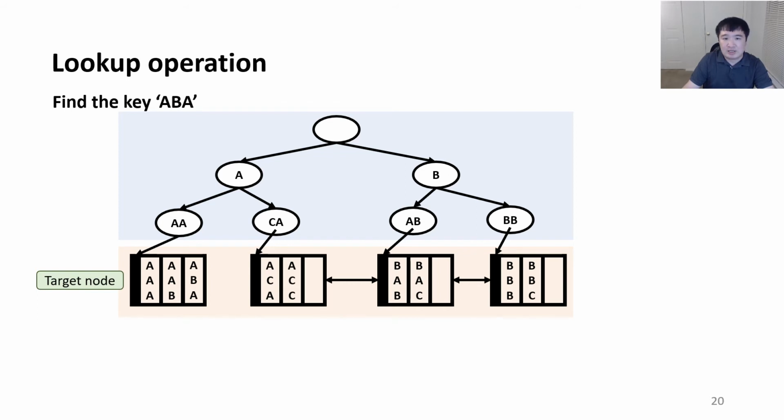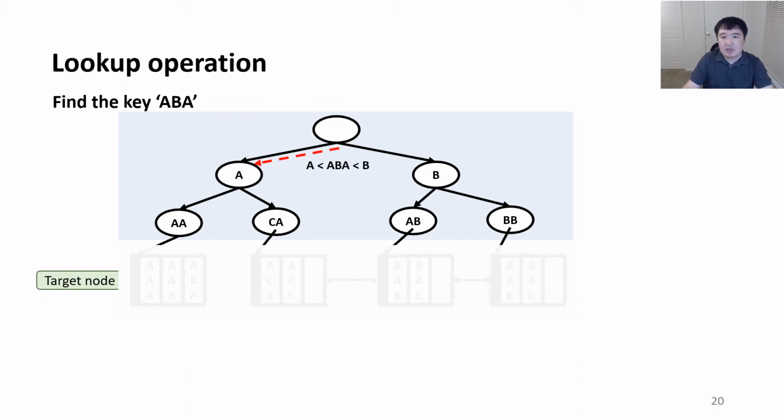The search layer is a variant of a trie, so it embeds a partial key in the path to the location of the data. First, it starts from the root node, and then it compares the key with the partial keys of the trie node.